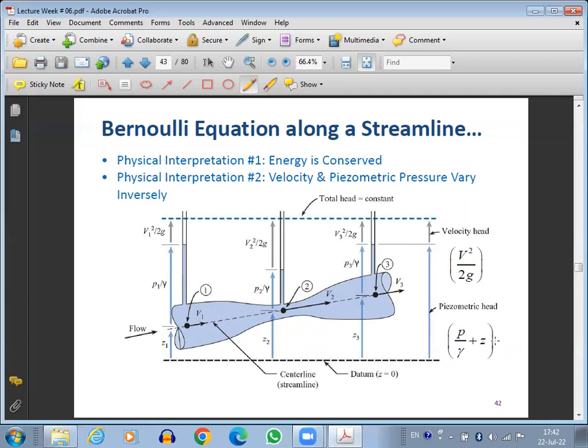But by making this restriction, you can check how the hydrostatic pressure is varying, and based on that pressure variation, you can determine the flow rate. So it's a device to measure the flow rate, a Venturi meter. But in reality, it is just a restriction in a regular pipe. Okay.